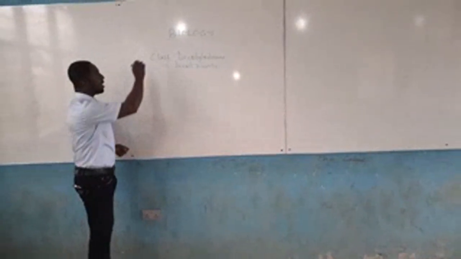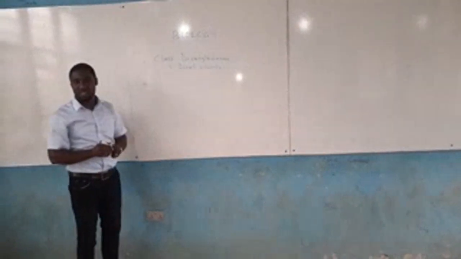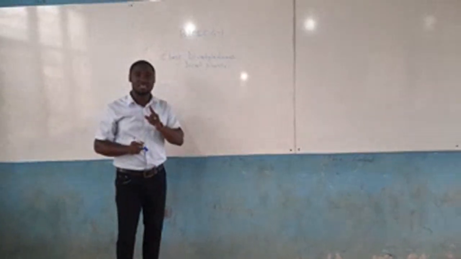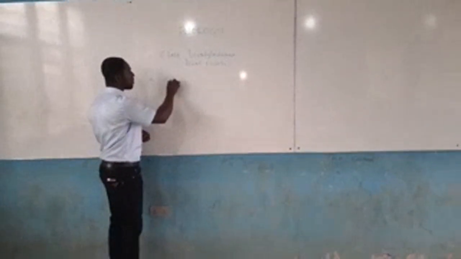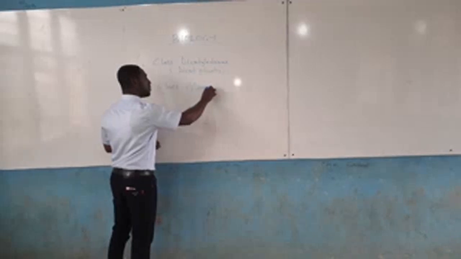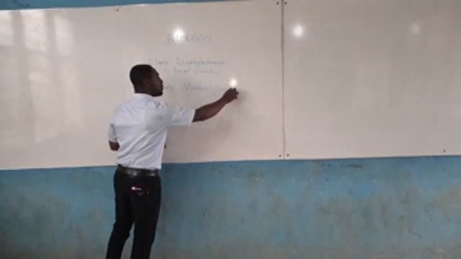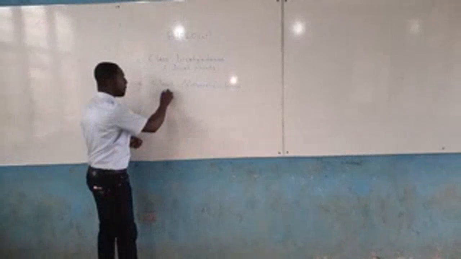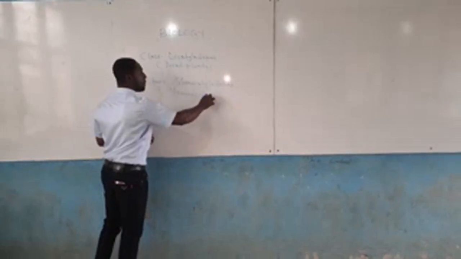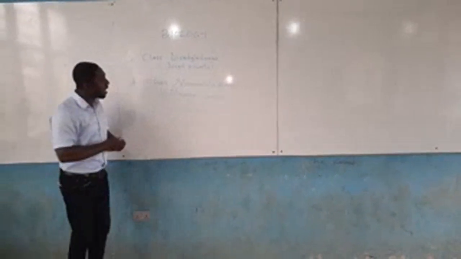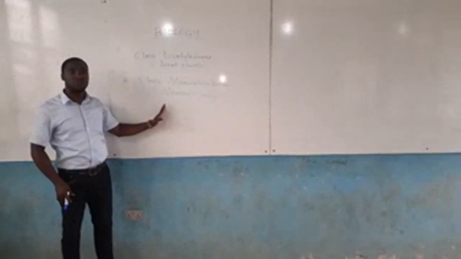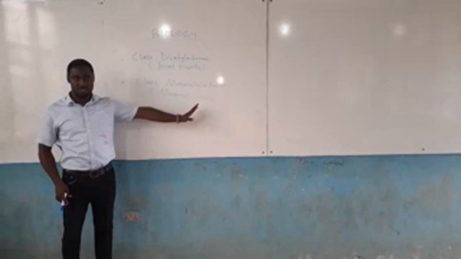The second class of plants under division Angiospermophyta is the class Monocotyledonei. These are commonly referred to as monocot plants.